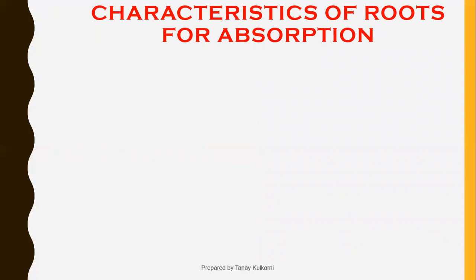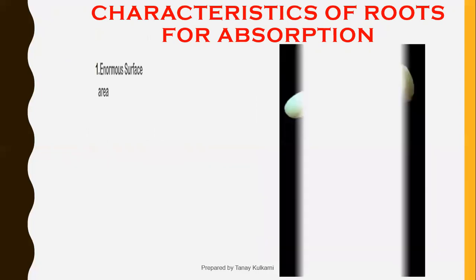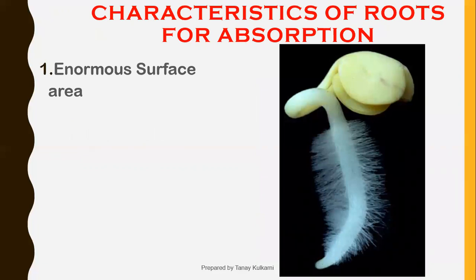Which means the roots have some characteristic properties which help to draw water from the soil. Number one is enormous surface area. Remember, due to the presence of numerous root hairs on the root, the surface area of water absorption increases and therefore more water is absorbed.